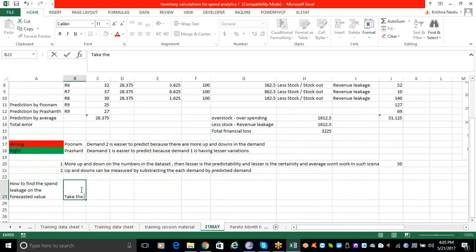Take the forecasted values, the historical forecasted values. Second, take the current actual demand.